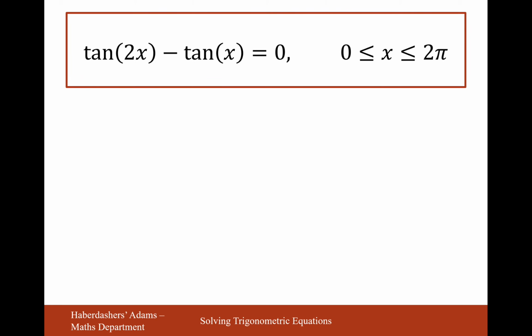Let's move on to the next one then, and it's tan 2x minus tan x equals 0. So the tan 2x identity, helpful one to remember, is 2 tan x over 1 minus tan squared.